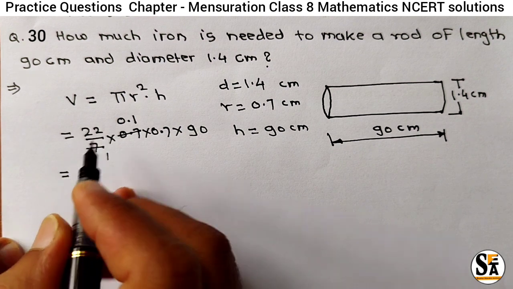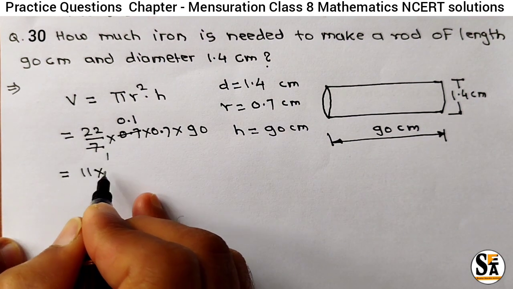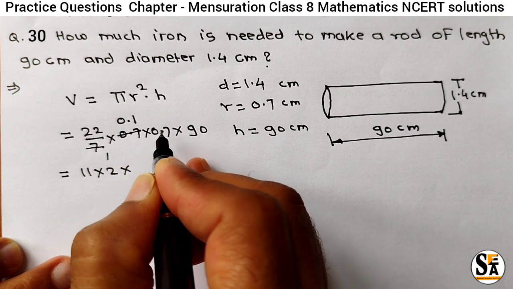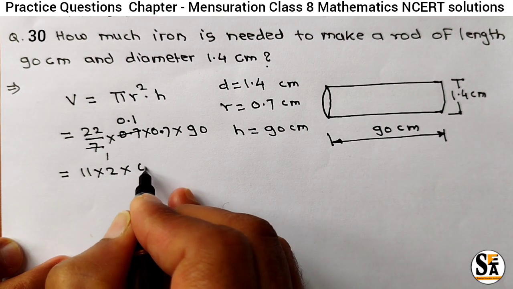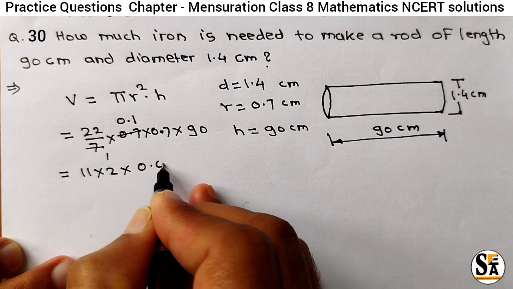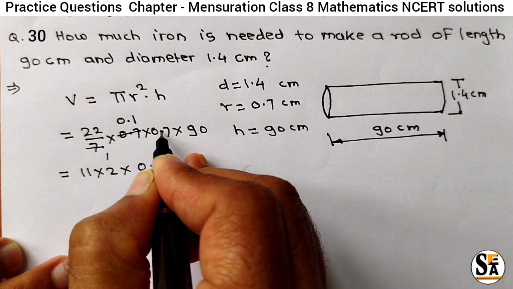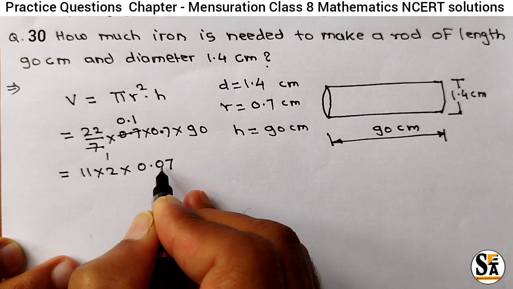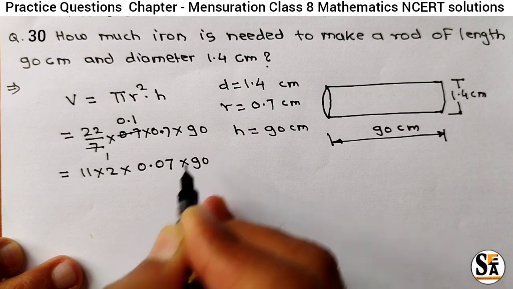Now 22, just split it as 11 into 2 for better calculation. Then this 0.1 into 0.7 multiplication is 0.07, because 7 into 1 is 7, and there are two places after the decimal point, this one place and this one place, so we write 0.07 into 90, isn't it?